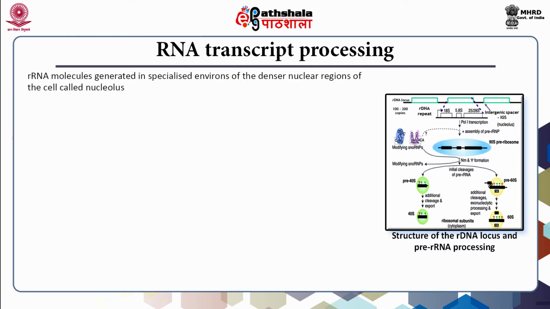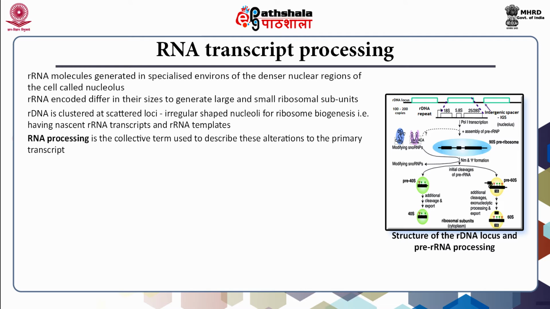The rRNA molecules are synthesized in specialized environs of the denser nuclear region of the cell nucleus called the nucleolus, encoding the rRNA genes. The encoded rRNAs differ in their sizes as large and small ribosomal RNA molecules, thus contributing to the formation of subunits and units of ribosomes.